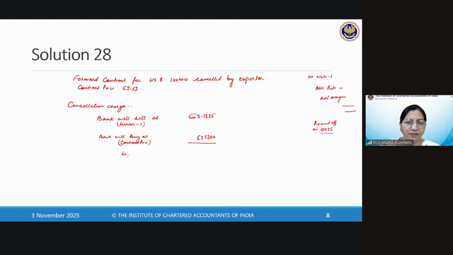Loss to the customer per dollar. Total loss 26,250 rupees.